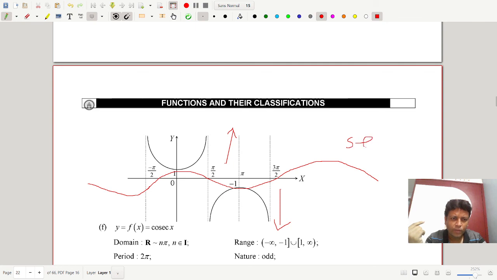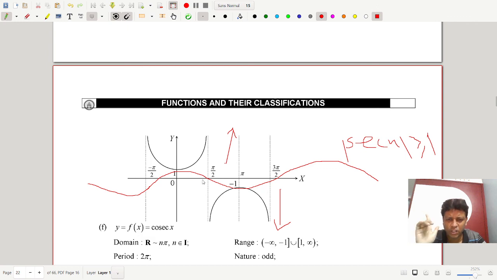That is why we write mod sec x greater than or equal to 1. We write mod sec x, sorry, not less than equal, greater than or equal to 1. That means 1 to infinity and minus infinity to minus 1.